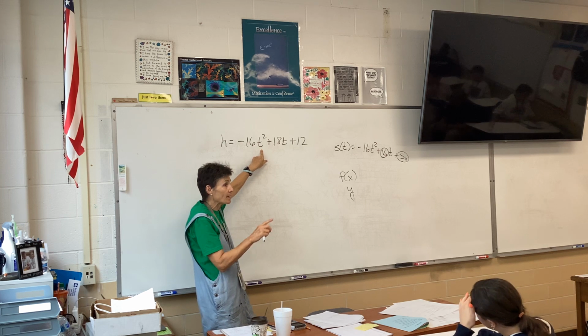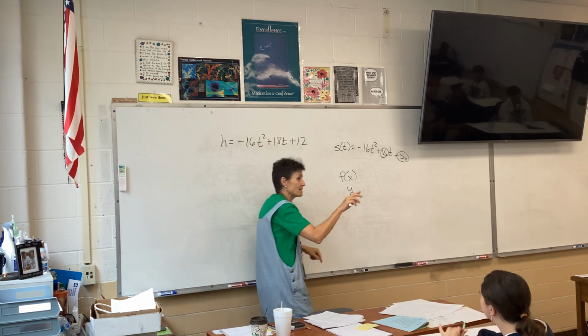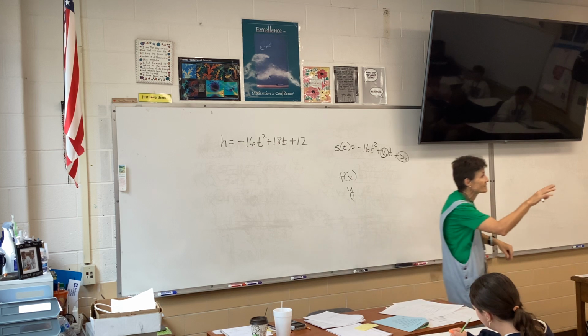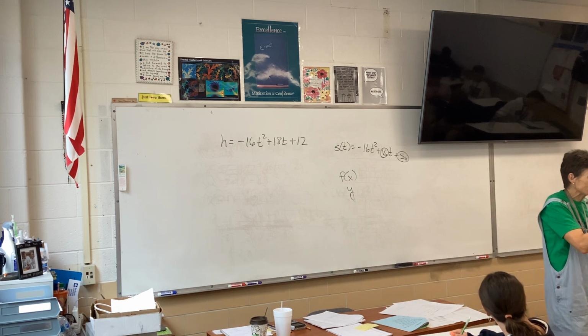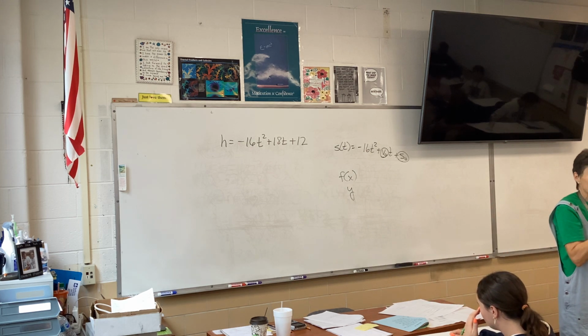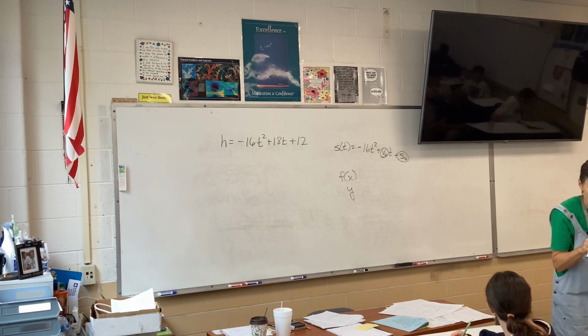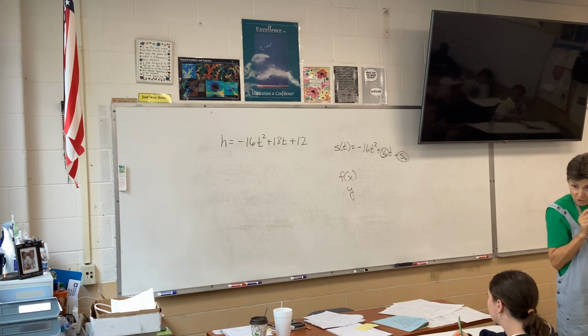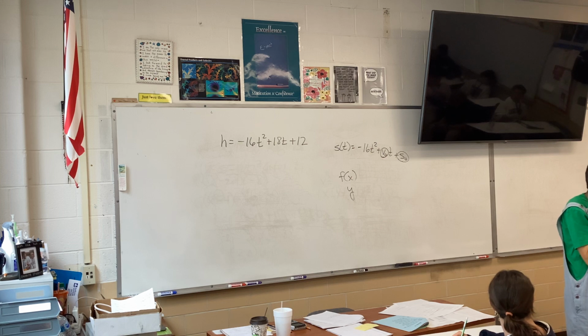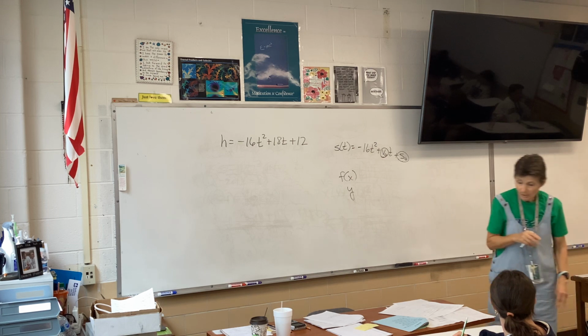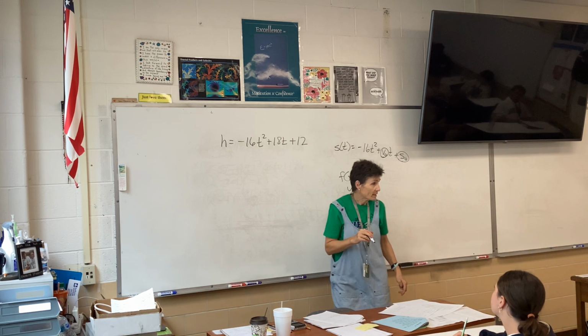T squared. It's got to go in the t, because what's the label on that 1? Doesn't it say 1 second? So that makes it time. If it had said 1 foot, then it would go in for h, because foot is a distance or a height, right?